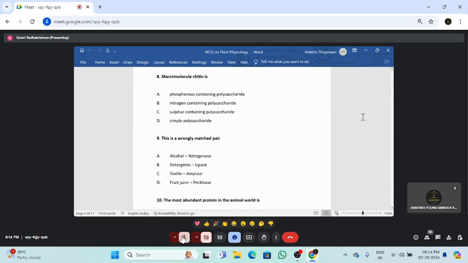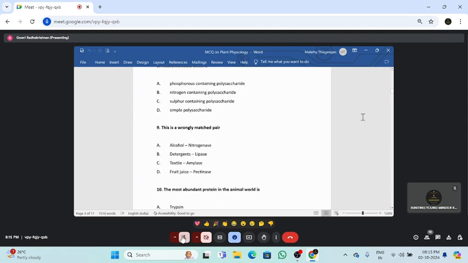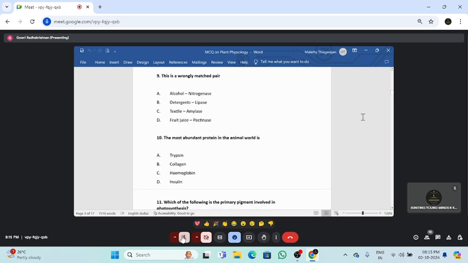Eighth one, at least try to answer this. Macromolecule chitin is? Option B, ma'am. Yes, nitrogen containing polysaccharide. Very good. This is a wrongly matched pair.